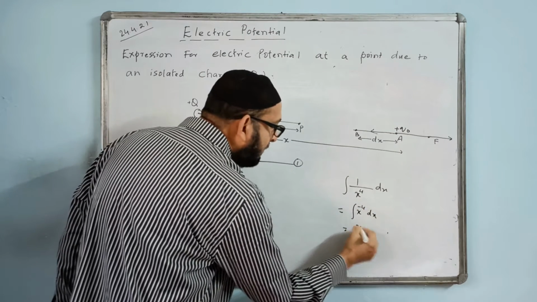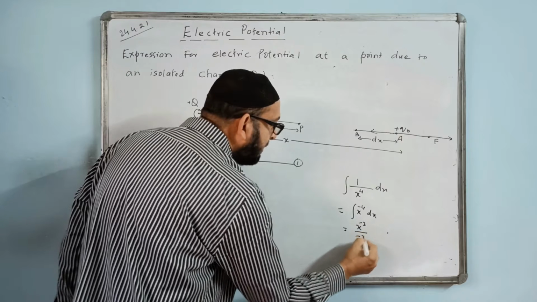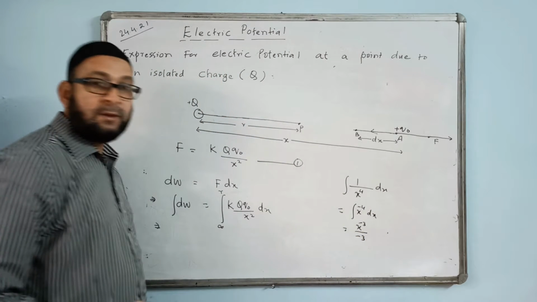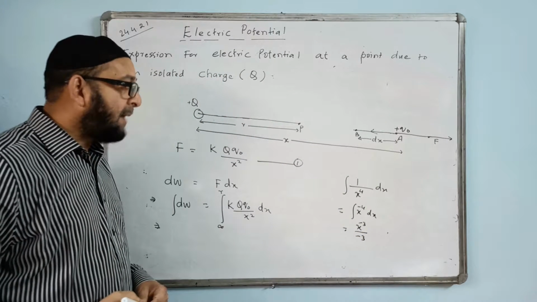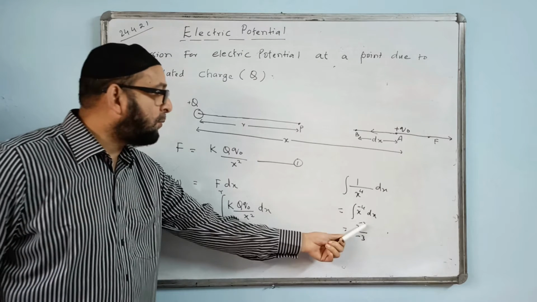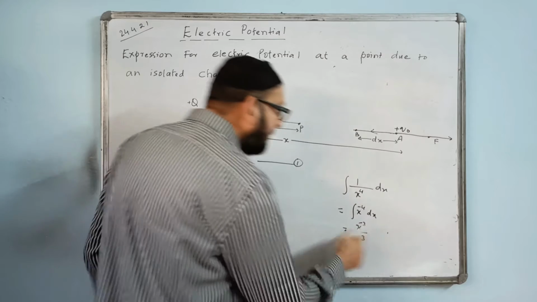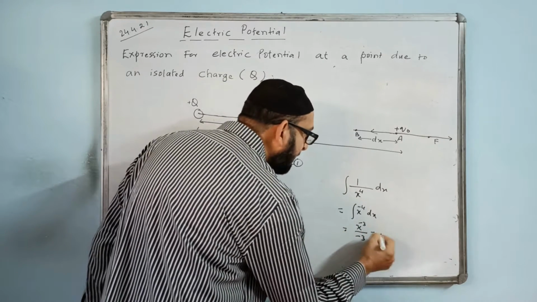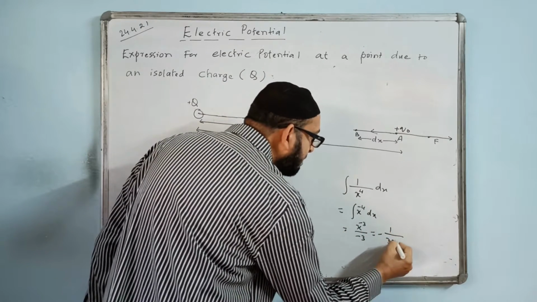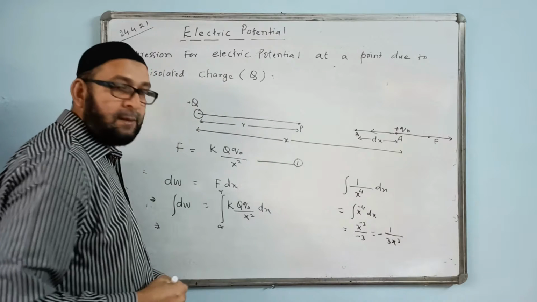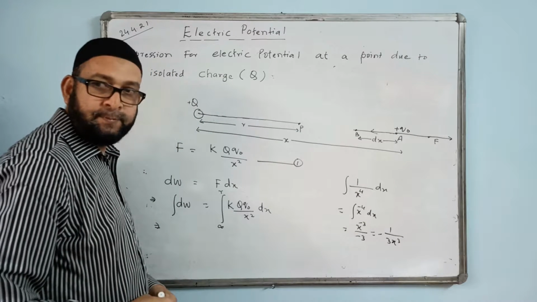Now x to the minus 4 becomes x to the minus 3 by minus 3. That means minus 4 plus 1 I am doing, which becomes minus 3, and the same thing will come in the denominator. Ultimately we can write it like this: minus 1 by 3 x cube.